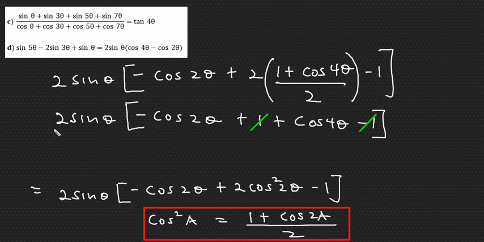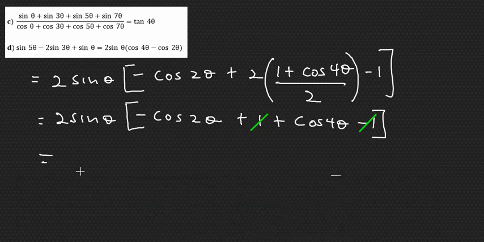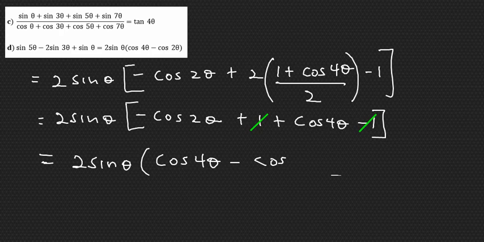So finally we have got our proof, which is now going to give us a 2 sine theta, so we have cos 4 theta minus cos 2 theta.